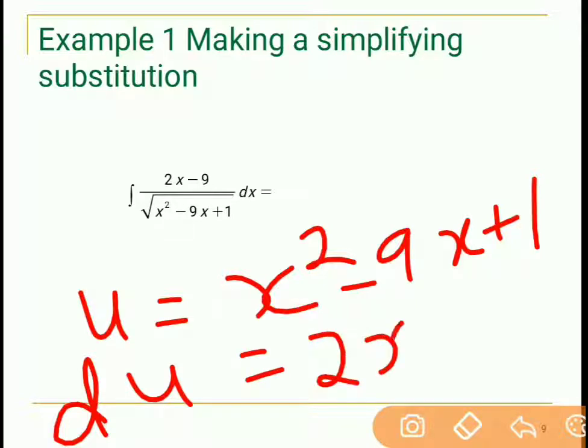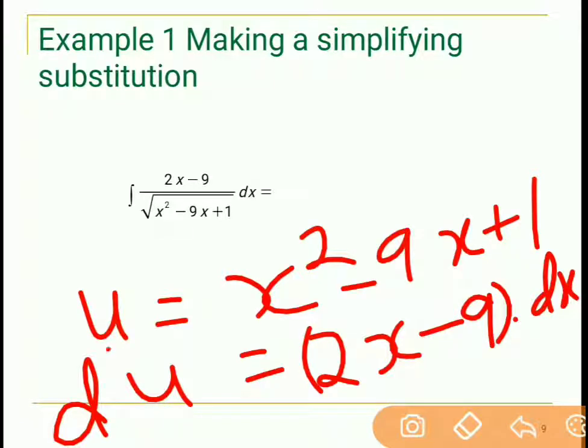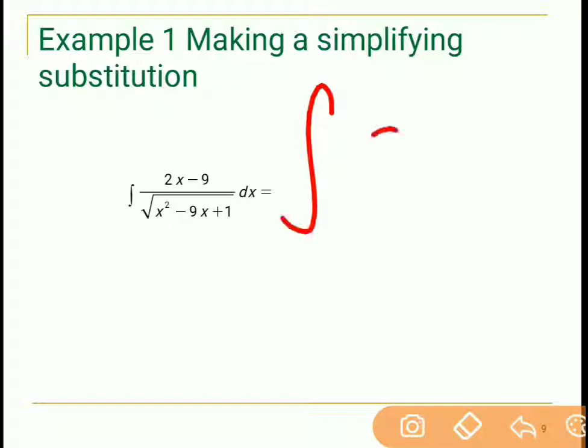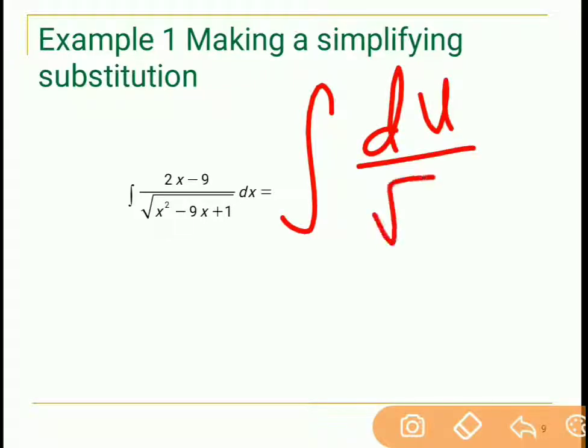It will be equal to 2x minus 9 into dx. So if we replace u with x square minus 9x plus 1, then this integration will convert into integration of 2x minus 9 into dx, which can be written as du, upon this bottom function, which can be written as what? Under root u. So finally you will get the integration of du upon under root u.